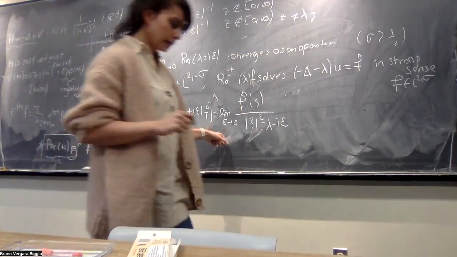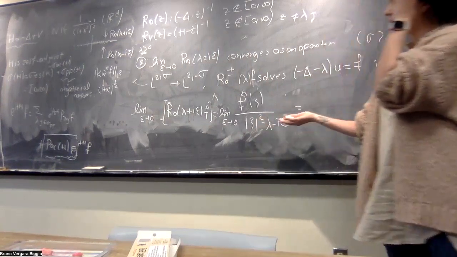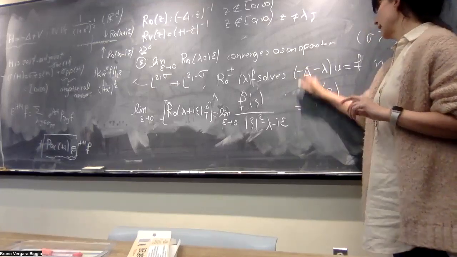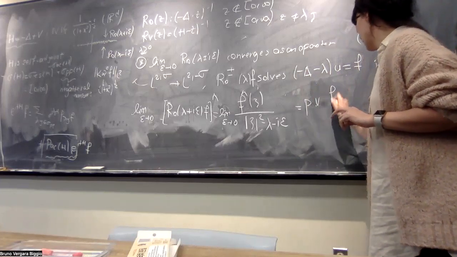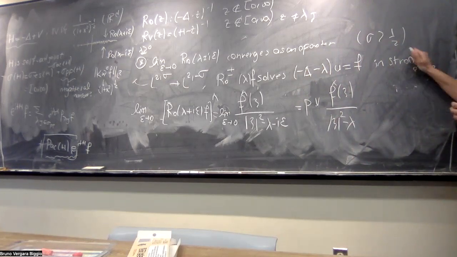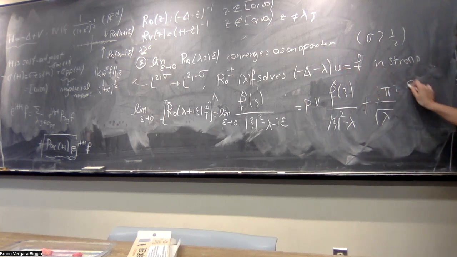And now, either if you use some kind of contour integral or just the Sokhotski-Plemelj representation, then this is gonna look like the principal value of f-hat(xi) over xi squared minus lambda, plus I will have i pi over root lambda times the Dirac delta where my radius is gonna be lambda, so |xi| will be equal to lambda to the 1/2, times f-hat, the Fourier transform.